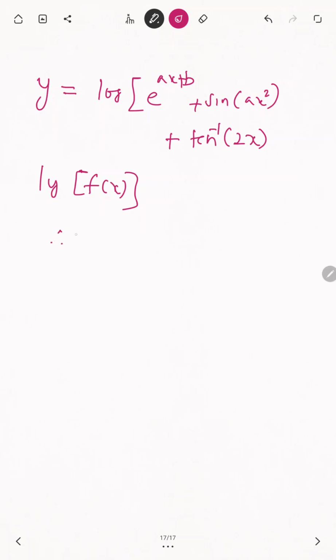What is function? Function of x is what? You should be very careful in writing. Function of x is e power ax plus b, then plus sin of ax square plus tan inverse 2x.